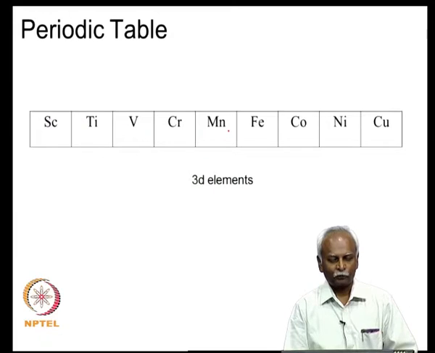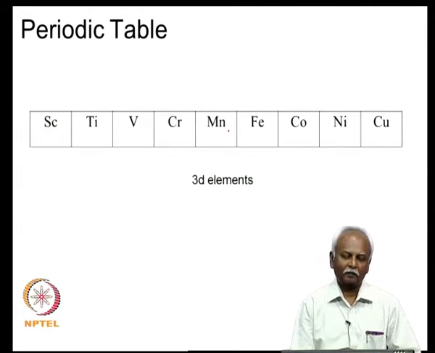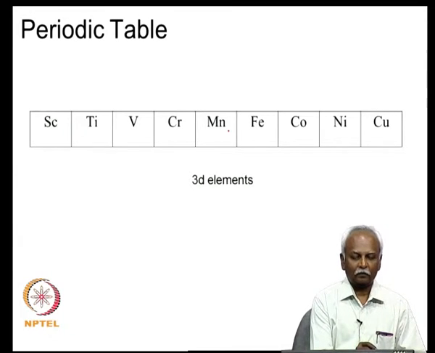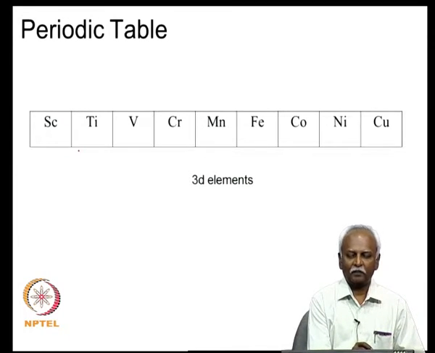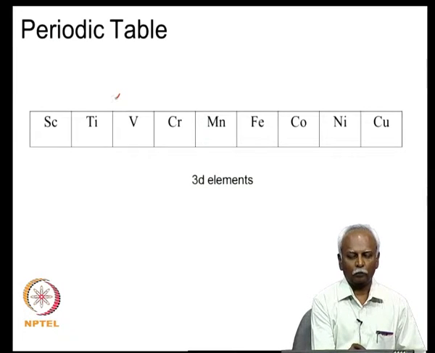So, if you look at the representative row of the transition metals, that goes from scandium to zinc, we will consider only the elements that are forming good carbon monoxide complexes, and those are in the range from vanadium to copper.